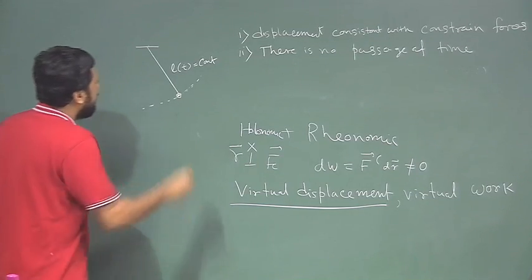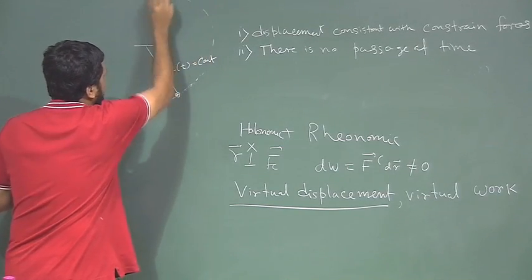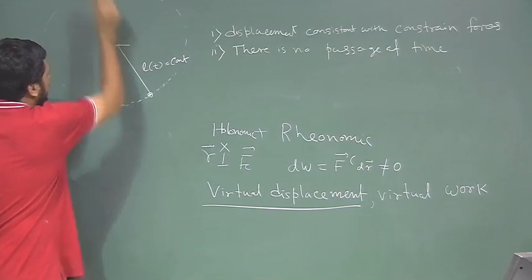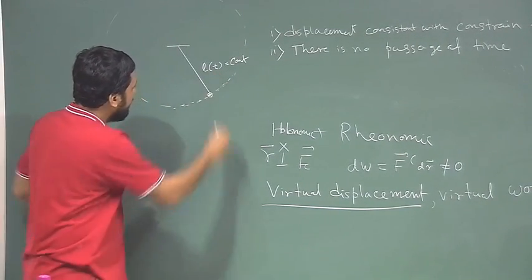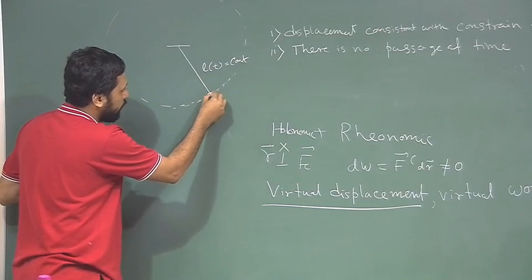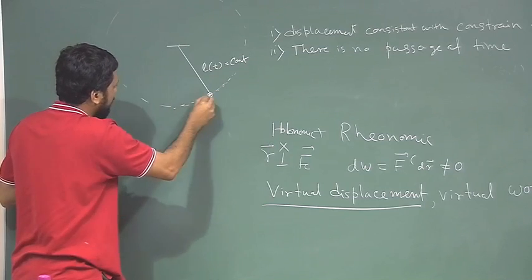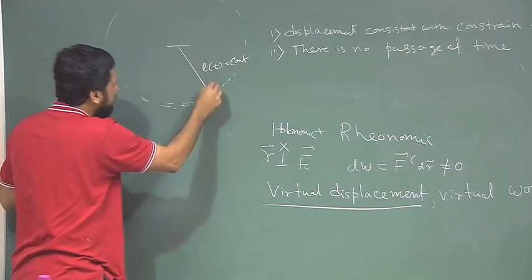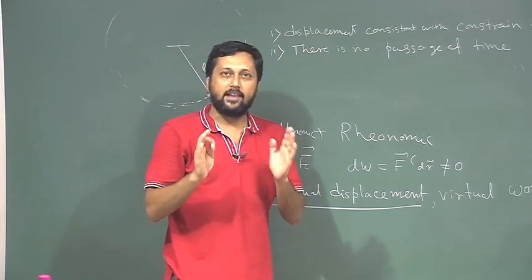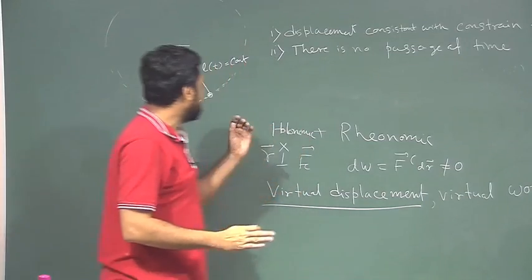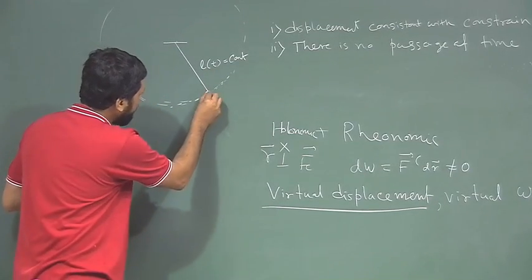What I mean is, if I draw a circle of radius L, in the actual situation, because L is a function of time, I have shown you already that the bob will not traverse along this circular path, but will deviate from it. But if I assume that time does not elapse during a displacement, that means the length, which is a function of time, remains unchanged, so it has to follow this path.